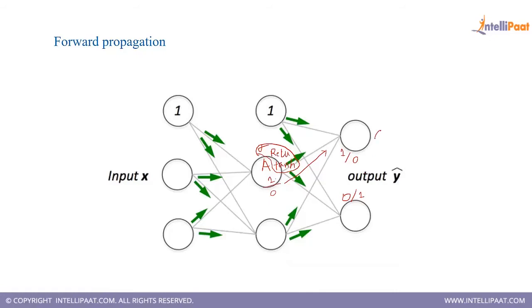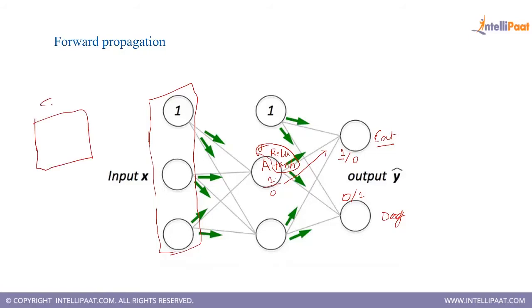So consider a cat and dog classifier, where the input is an image. When the bulb is ignited for cat, then whatever image of a cat you put in was ignited. These are the image vectors. Let's say this is your image of a cat.